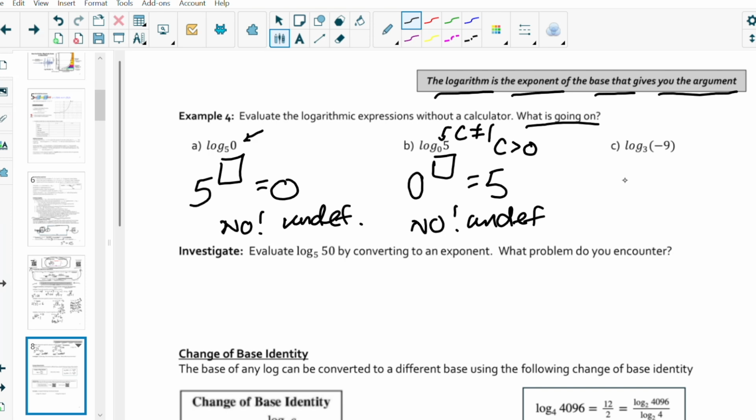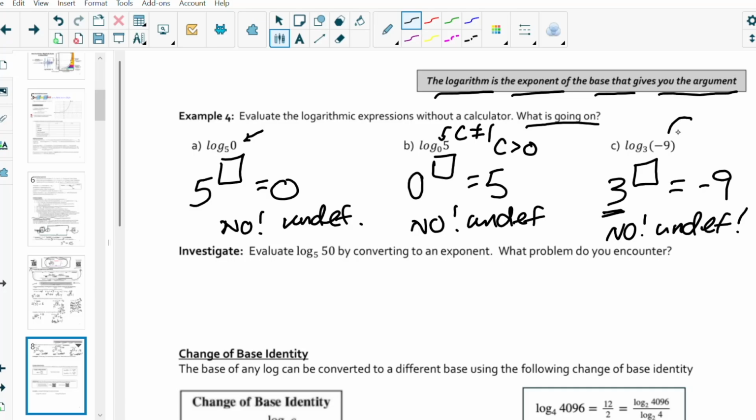All right, log base 3 of -9. I take the base, I apply an exponent, I get the argument of -9. Can I take a positive base, apply any exponent, a rational exponent, integral exponent, and ever get a negative number? No. So this is undefined as well.